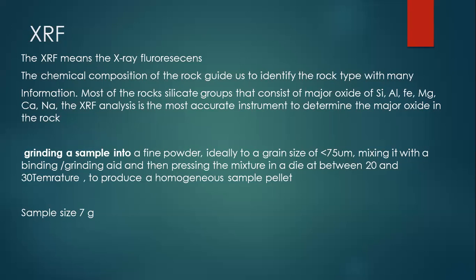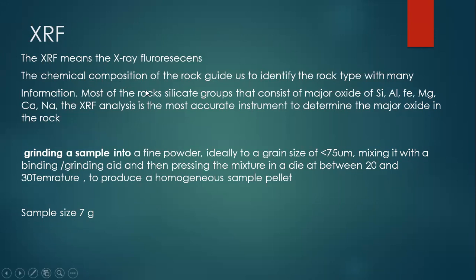And the XRF gives quantitative measurements. XRF means X-ray fluorescence. Because all of us know that rocks have a chemical composition, the XRF is used in order to determine the chemical composition we have.